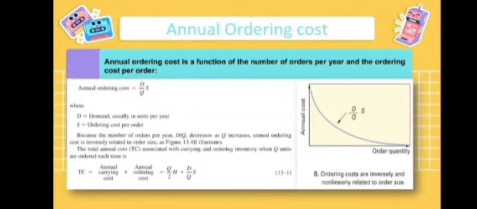Next is annual ordering cost. It is a function of the number of orders per year and the ordering cost per order. So the formula for ordering cost is: annual ordering cost is equal to D over Q times S, where D is demand, usually in units per year, and S is ordering cost per order.